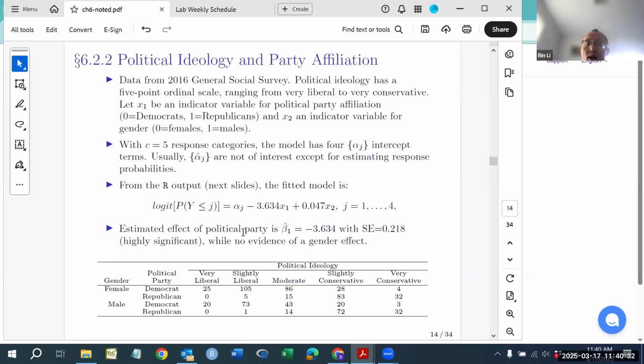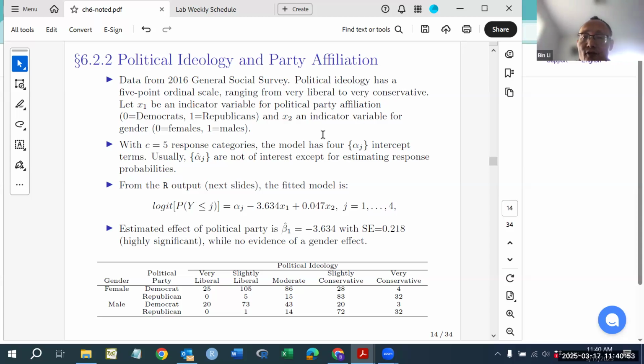Let's see one example. This is the political ideology and party affiliation example. This data is from the 2016 General Social Survey.